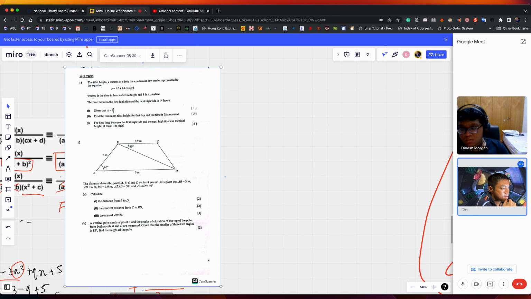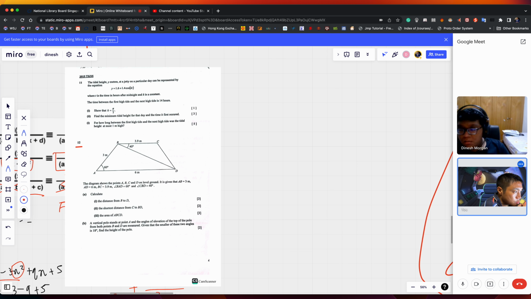Okay, good. Can you see question 12? Yeah. So question 12 most likely is the cosine rule and then the sine rule. I think it's a good question to revisit this topic. Question 12.